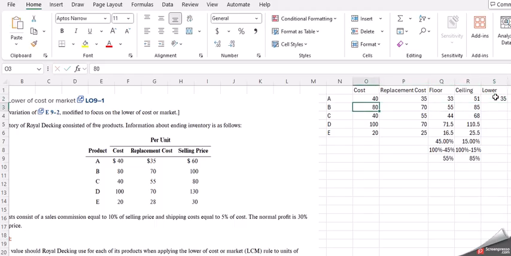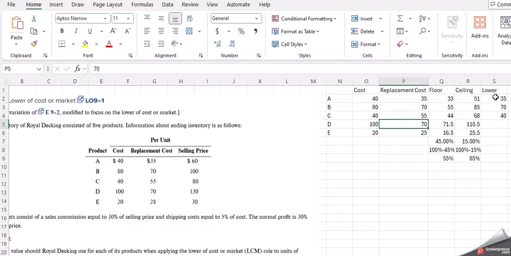Same thing here, our replacement cost is below our cost, but it is in between the floor and the ceiling, so we're good. And then in this case, our replacement cost is 55. The lowest we're going to go there is 44, but then our cost is still lower. So then we would go with our cost.